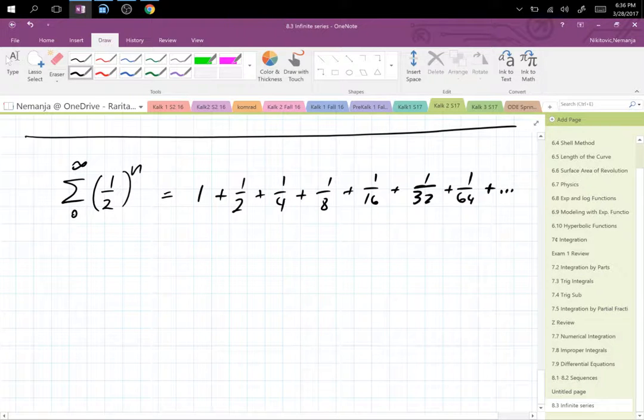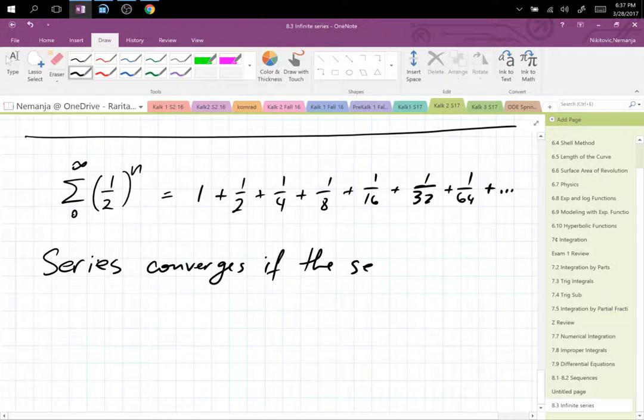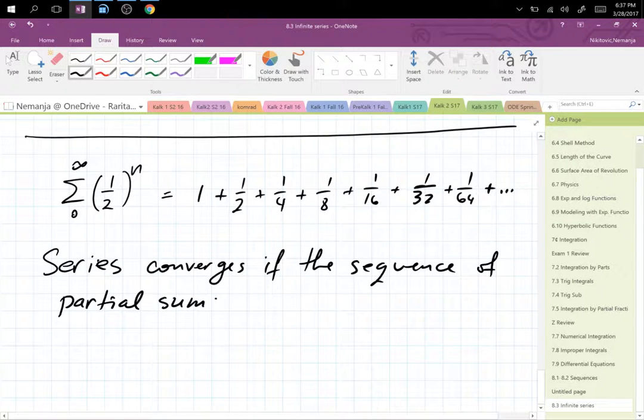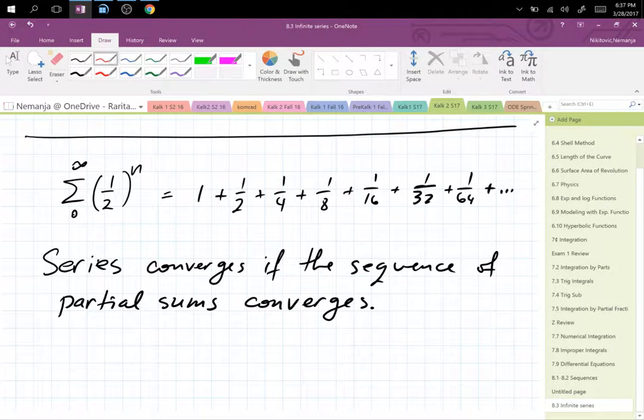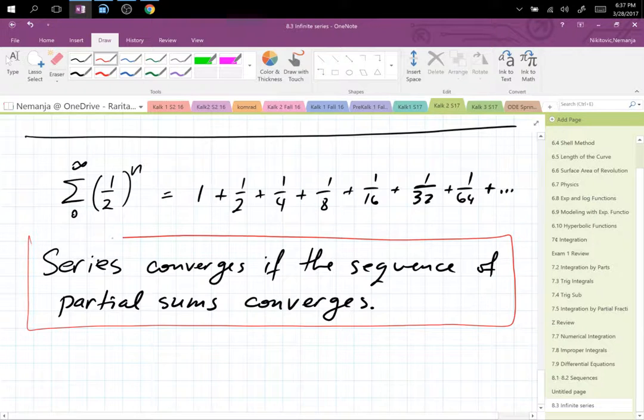But the theorem for convergence of series is actually: a series converges if the sequence of partial sums converges. Now, this is something that we don't really use, but it explains what's happening.